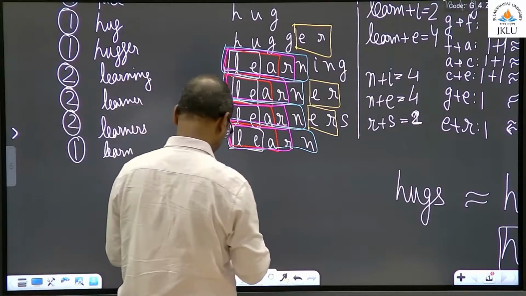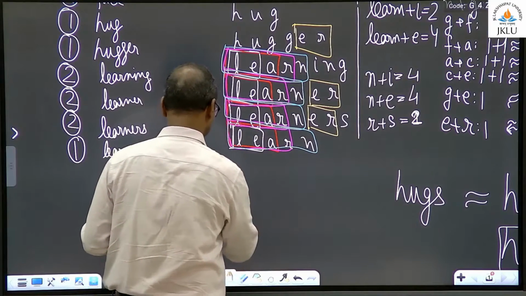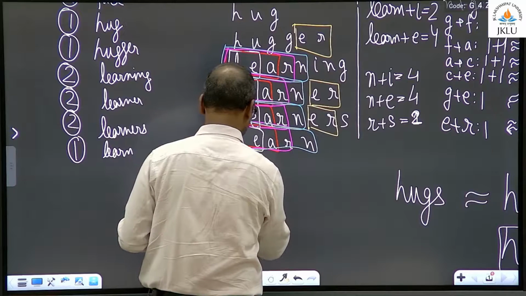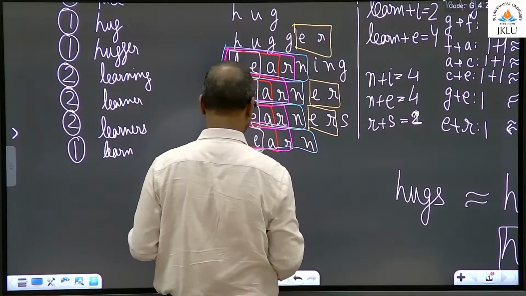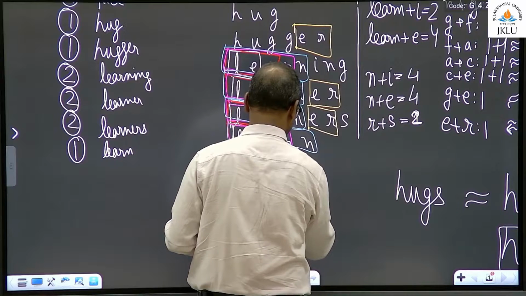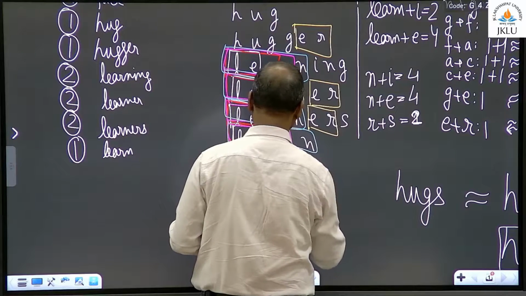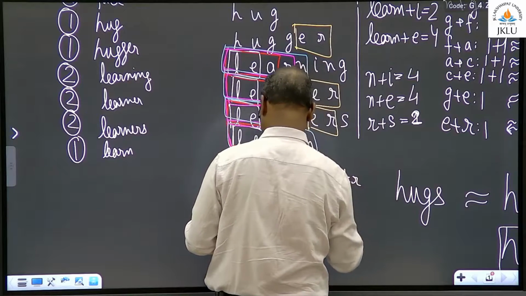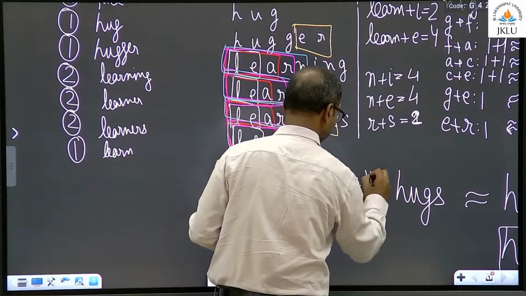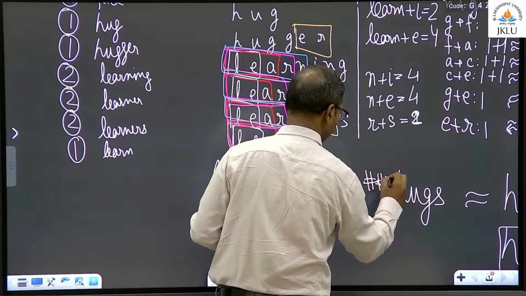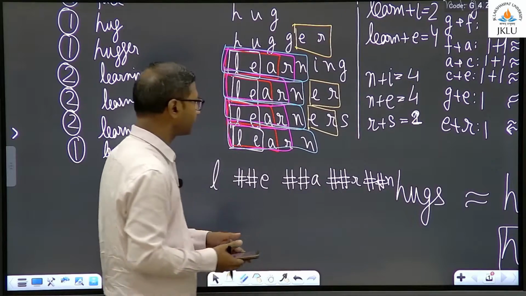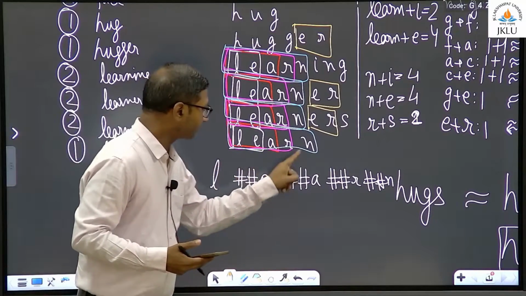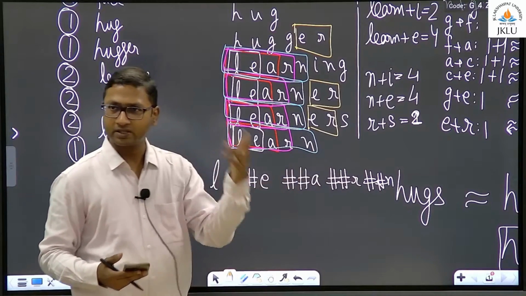So what BERT will do here is, it will tokenize it like L, hash hash E, hash hash A. And the reason I have thought of doing a lecture on this again is because this confuses people a lot. What is this hash hash?